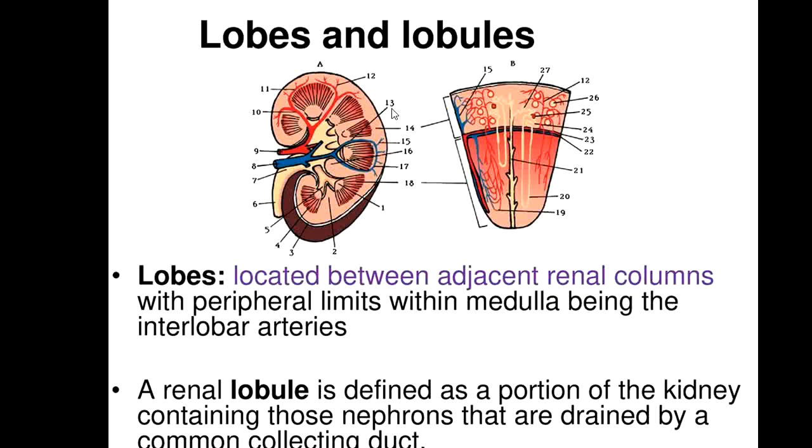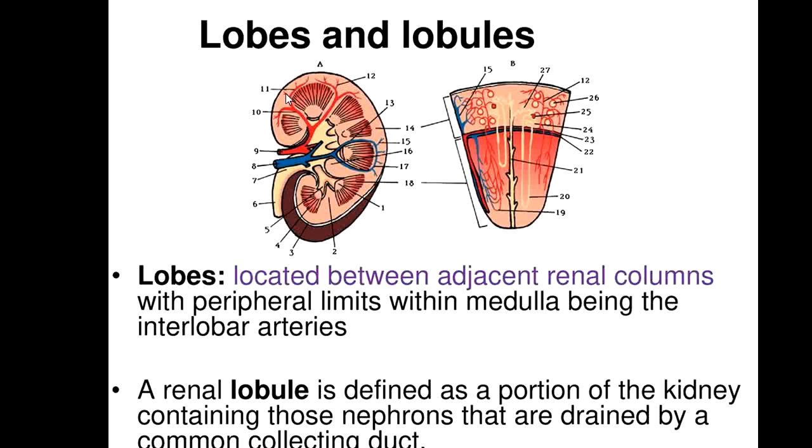So in this diagram we will learn about the lobe. What is the lobe of the kidney? A small functional unit of the kidney, not the smallest functional unit, is represented by a lobe.